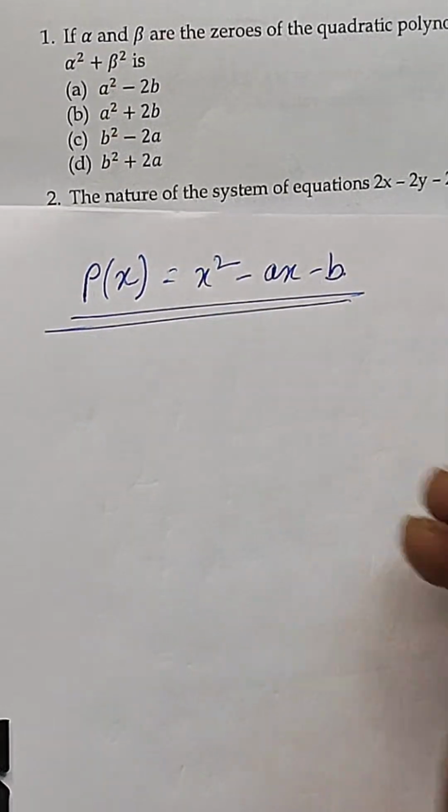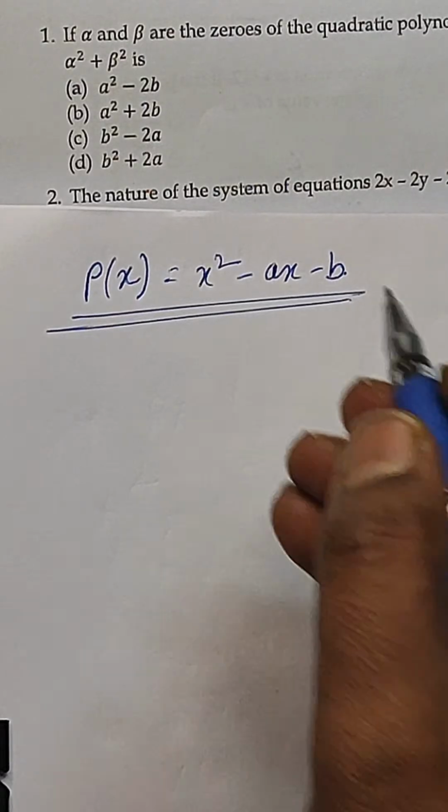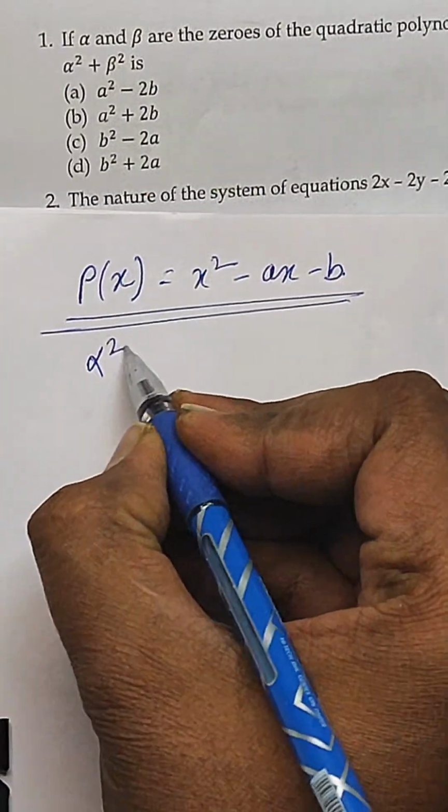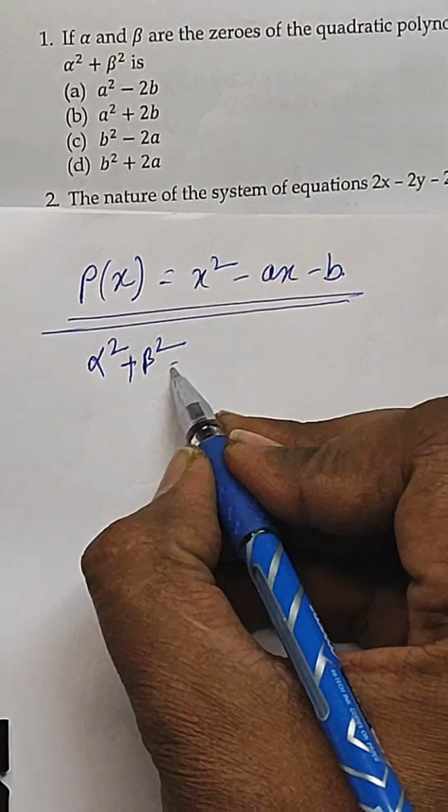This is the quadratic polynomial given to you. Now you have to find what is the value of alpha square plus beta square. This is the question to us.